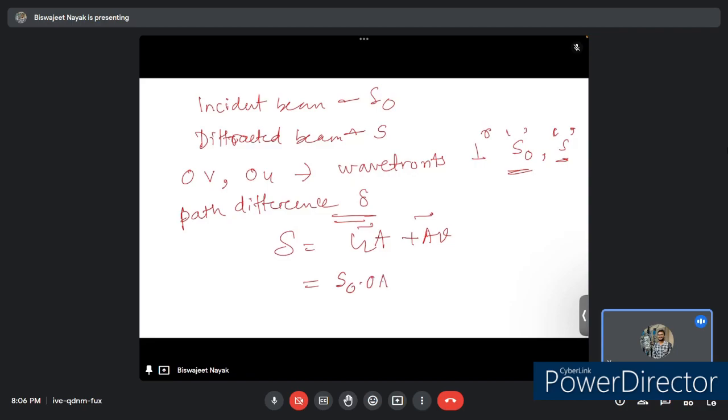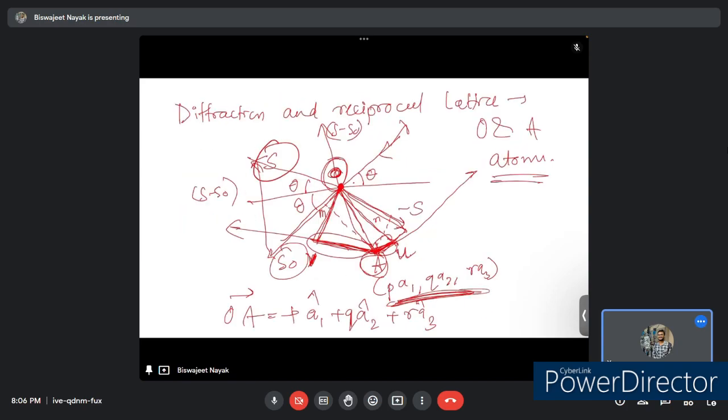So these vectors can be written in terms of the dot product of S0 dot OA plus minus S dot OA, which is given by S minus S0 times OA, where OA is this one, and if we say negative OA, then it will have the opposite direction. This is the OS direction, this will be the minus OS direction.